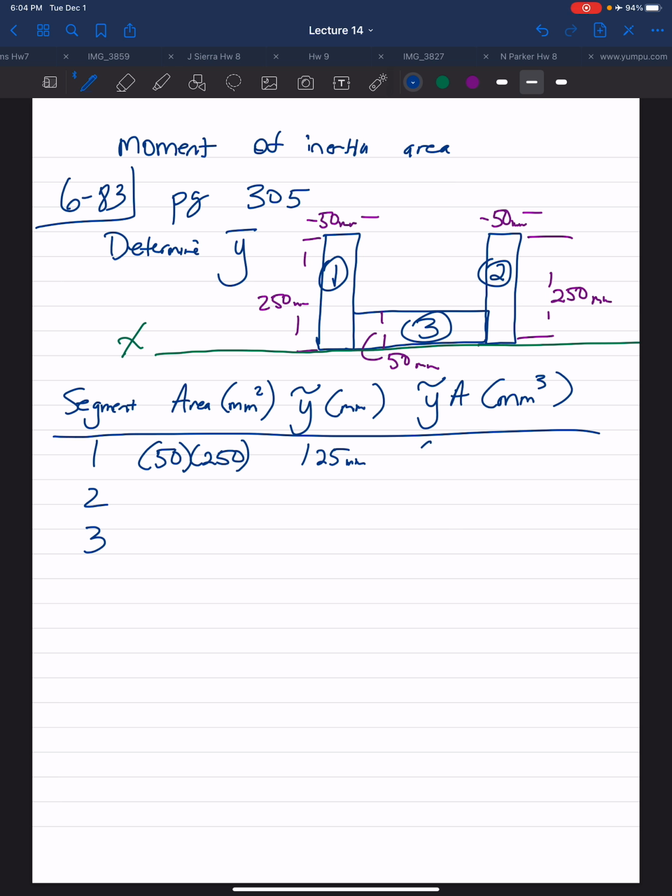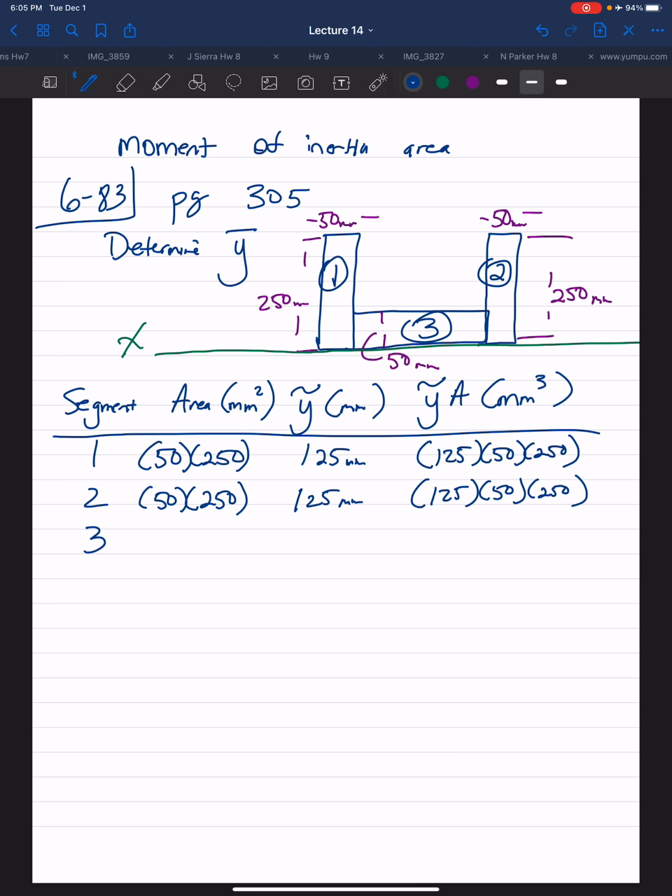So then y wavy bar A would be 125 times 50 times 250. Likewise for segment 2, the area is once again the thickness, 50 millimeters, times the height, 250 millimeters. The location of the centroid in the y direction from the x-axis is in the center for a rectangle, so this once again will be 125 millimeters. And then the area times the y wavy bar will be 125 times 50 times 250.